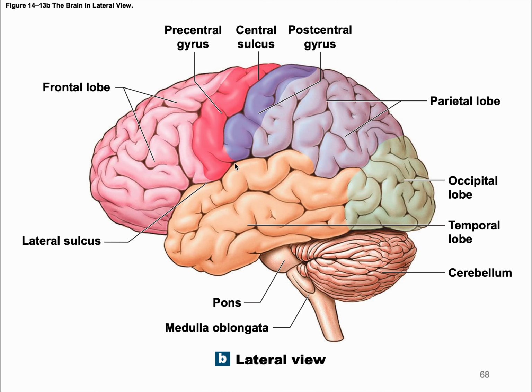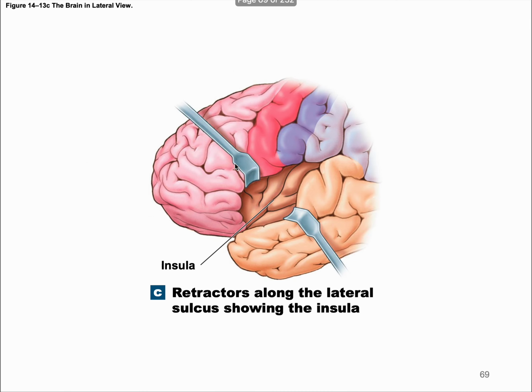Okay, here are the regions of the brain. The precentral gyrus, also known as the primary motor cortex. The postcentral gyrus, also known as the primary somatosensory cortex. And if you pry open the lateral sulcus, that lies on the medial side, that's the insula.